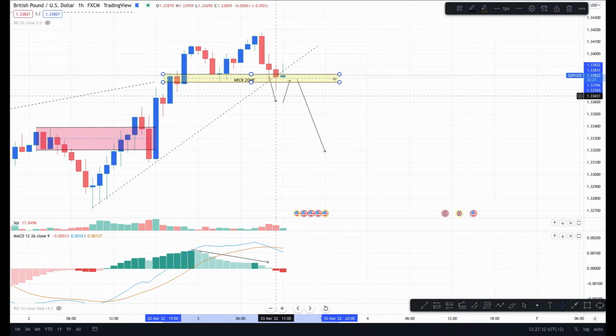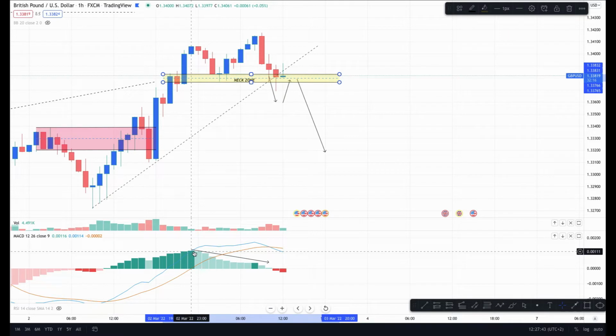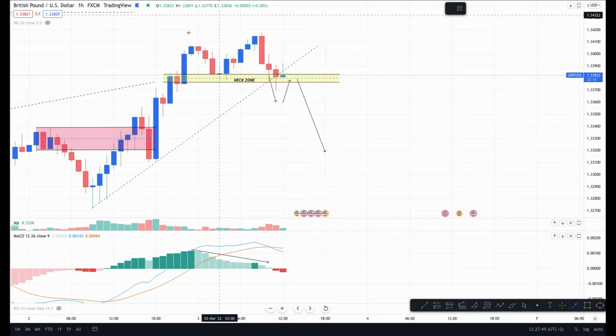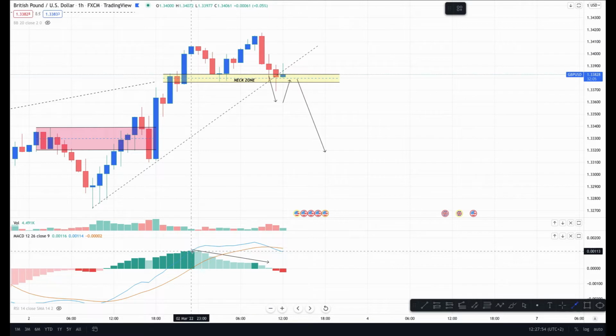We also have this highlighted zone, which I have highlighted yellow, which I call the neck zone of the double top. And we have partial divergence on the MACD's histogram. What does this mean? Well, here's a quick explanation. We have one peak, and we notice where our histogram is.